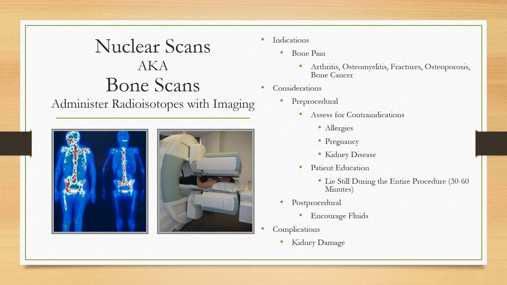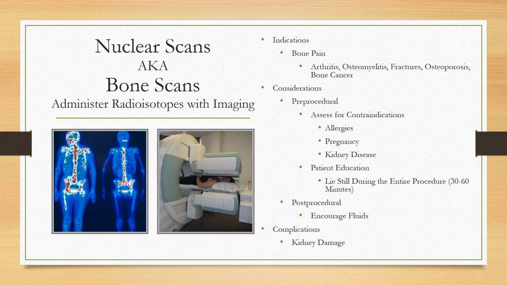So a bone scan can pick up bone pain where we just don't know the cause, and it ends up being osteomyelitis. How about a fracture where we don't see anything on X-ray? Sometimes wrist fractures can do this, where we just can't see the fracture, and then we can move on and either do an MRI or we can do a bone scan.